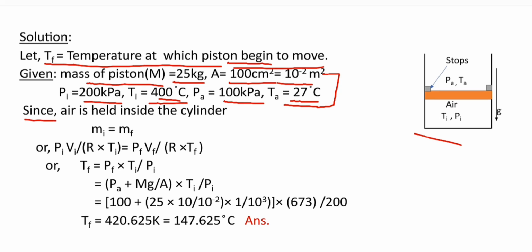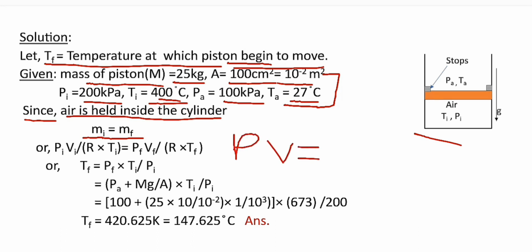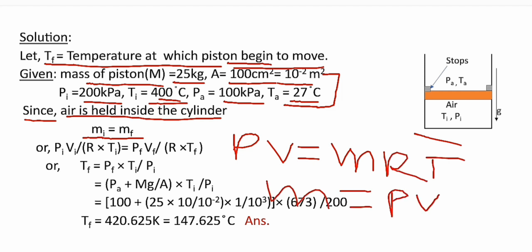Since air is held inside the cylinder, the mass of air will be constant, and m initial is equal to m final, and by the ideal gas equation, that is PV is equal to mRT, mass is equal to PV divided by RT.